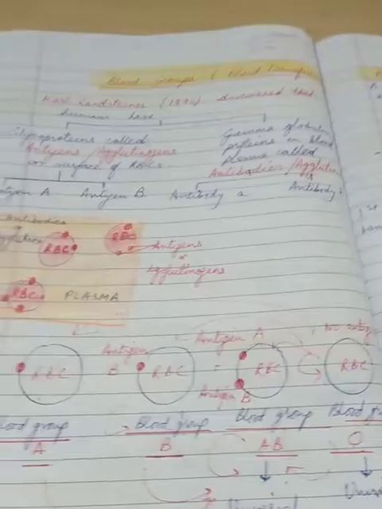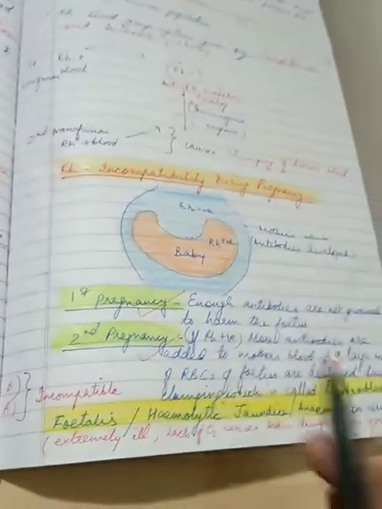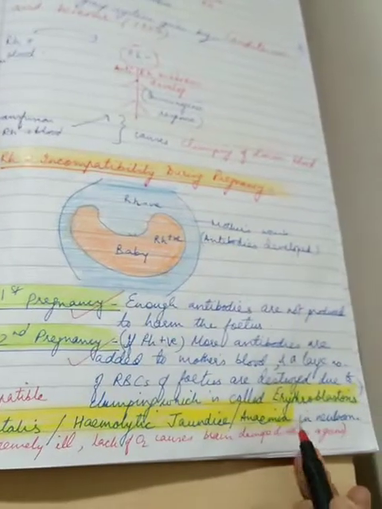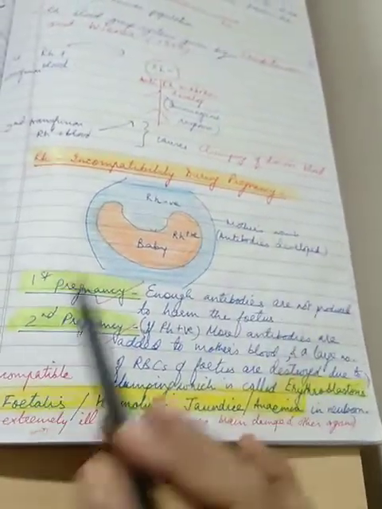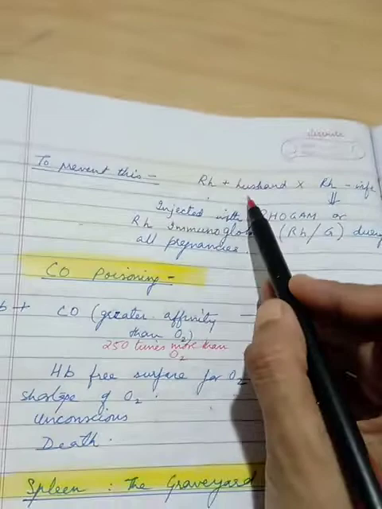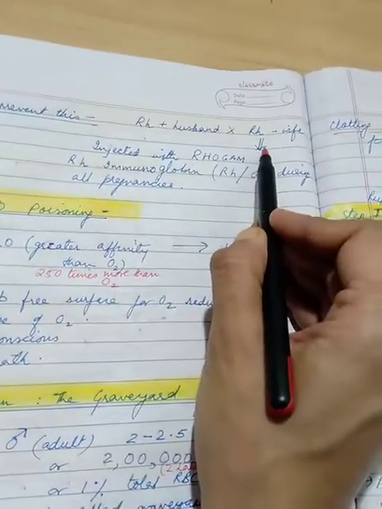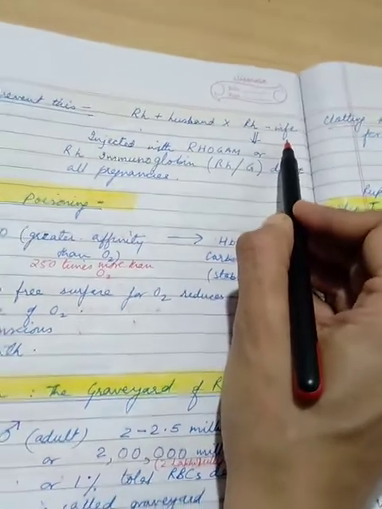With this, we close our previous topic about blood groups and blood transfusion. Today, we'll continue, but before we continue with the new topic, let's find a solution to this. Suppose the father's blood group is Rh positive and the mother's blood group is Rh negative. So there is a probability that the child will be Rh positive.